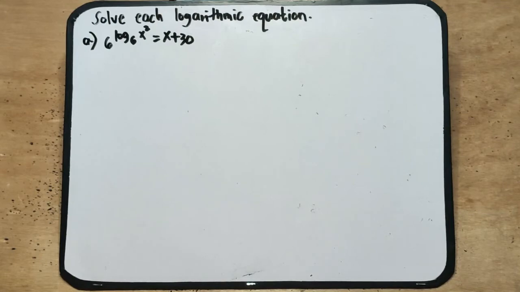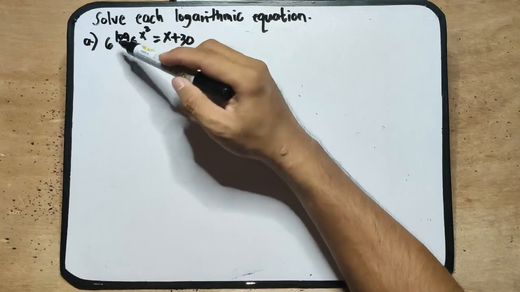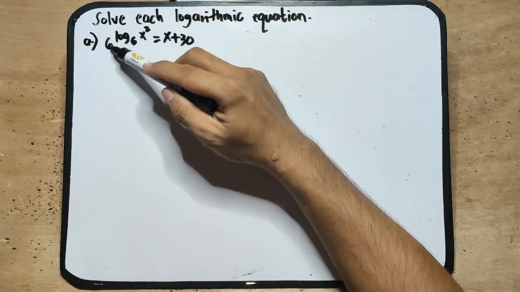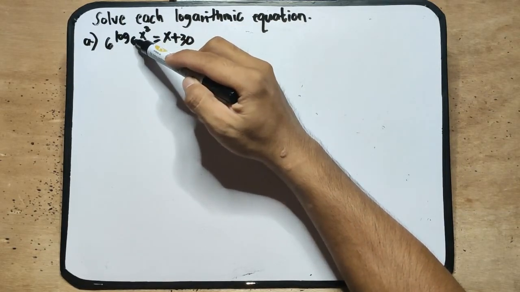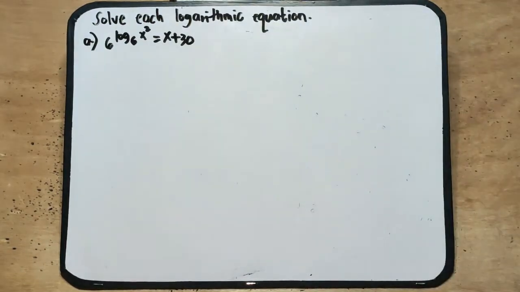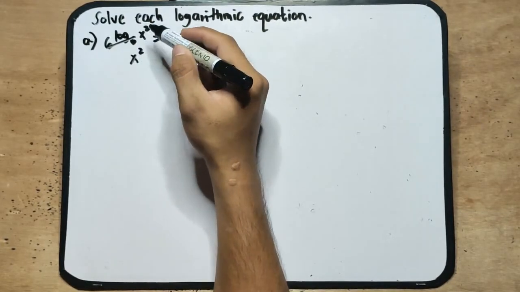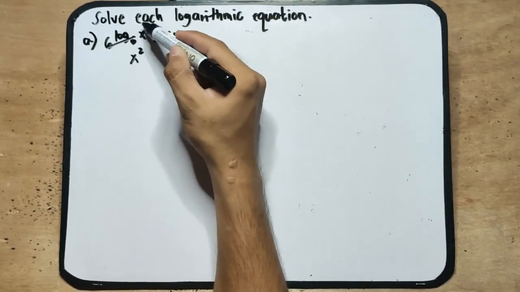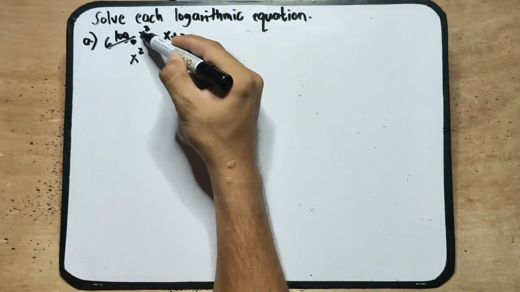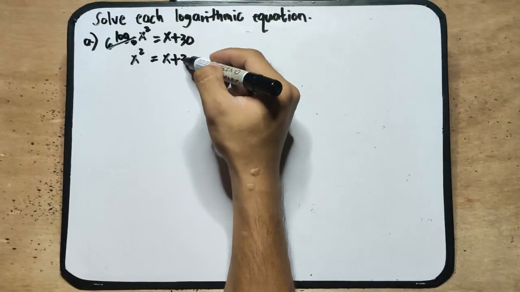So applying the third basic property of logarithms, kapag nakita mo na pareho yung number na nandito at doon sa base ng exponent na may log, we can immediately disregard this one, and then we bring down x squared. We bring down the remaining term here, which is x squared is equal to x plus 30.